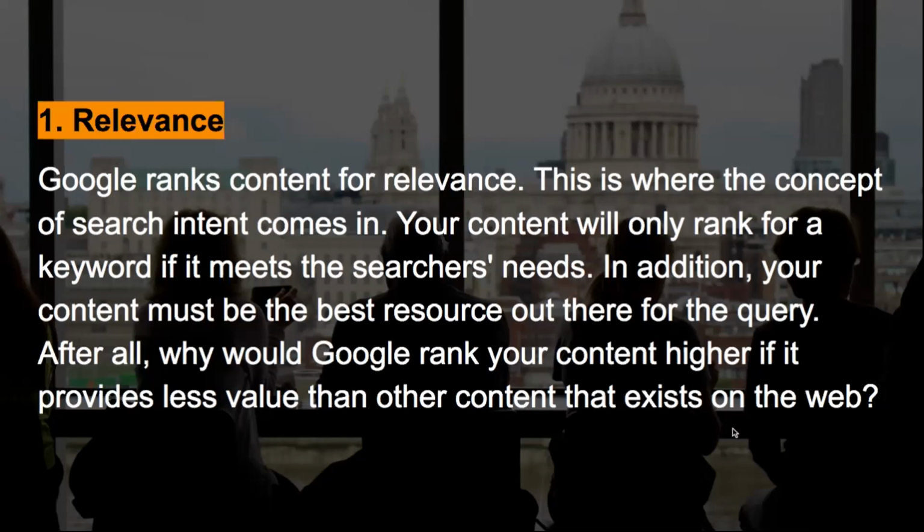And that is true. If your content is not relevant, Google would never rank you. The way the Google algorithm works now, it's always changing. So you have to provide relevance.